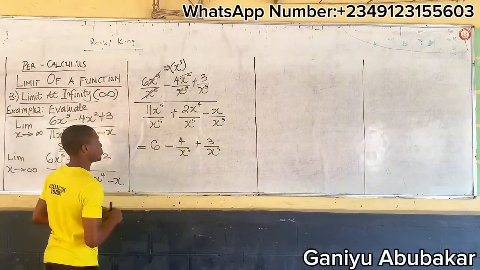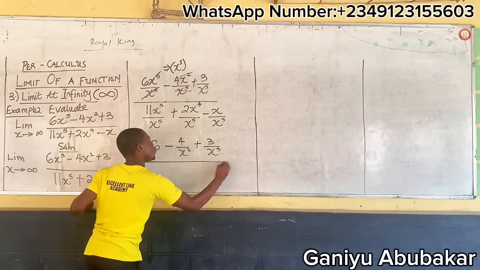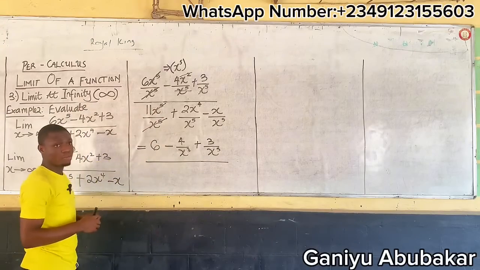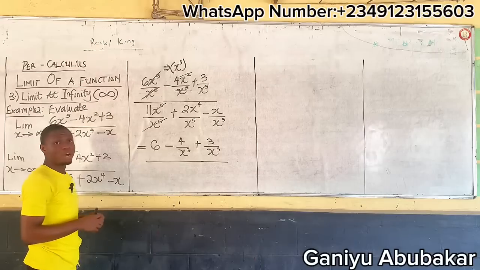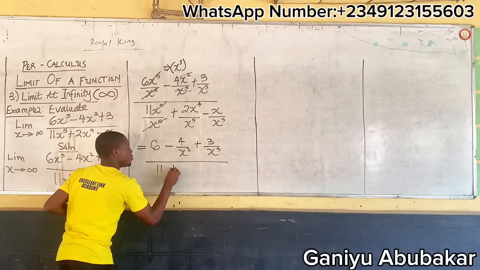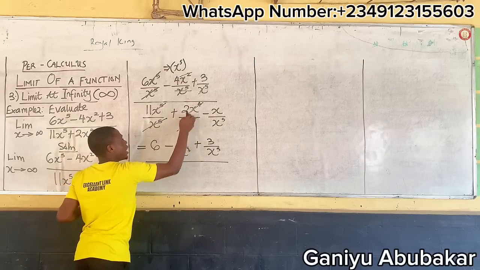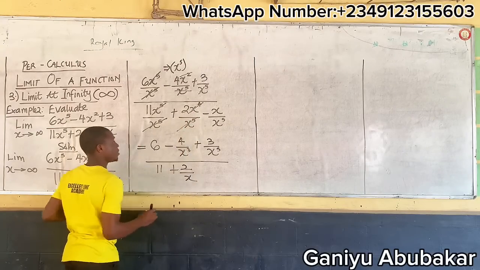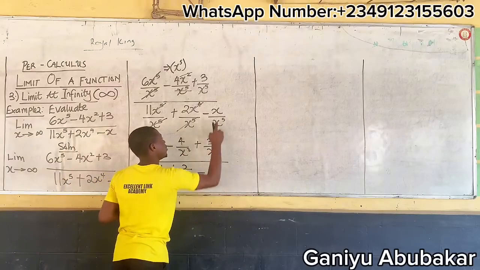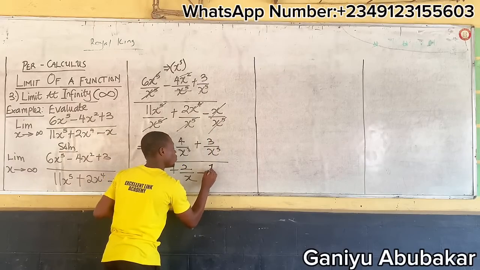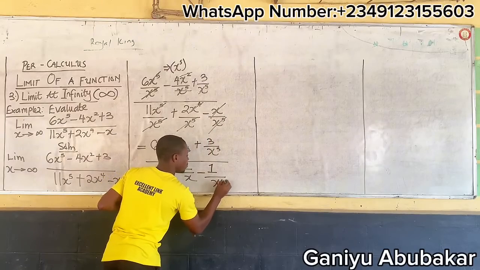All over, this should cancel this as expected, so I have 11 left. Plus, if this cancels this, I'll have 2 over x left, minus, this cancels this, I'll have 1 over x to the power 4.